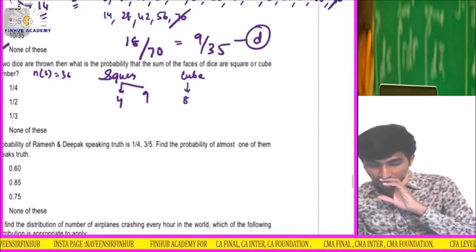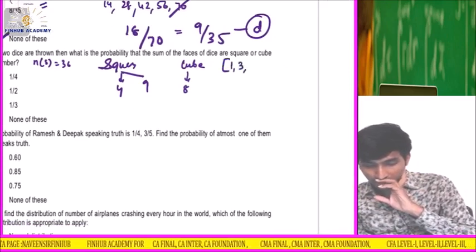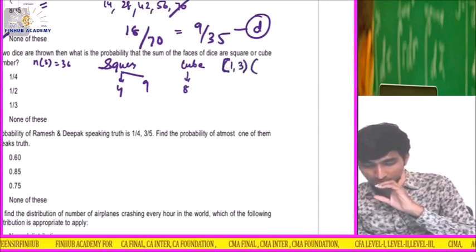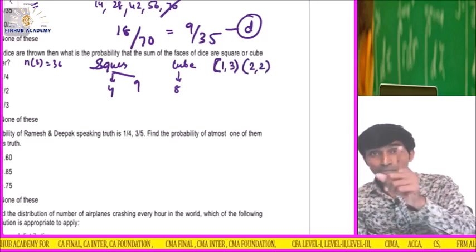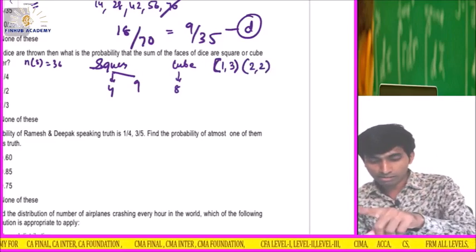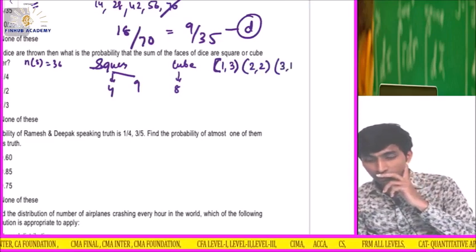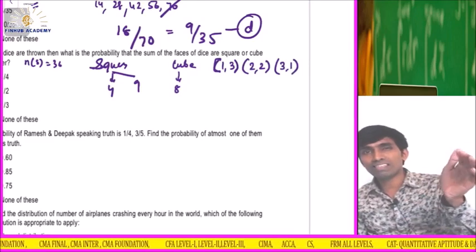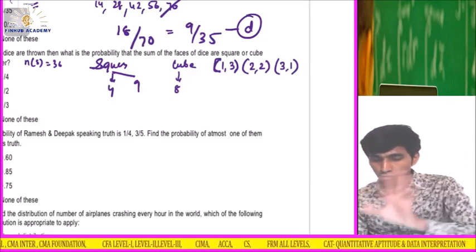For a sum of 4, the outcomes are 1 comma 3, 2 comma 2, and 3 comma 1. If the first dice shows 4, everything will be greater than 4, so that is done.